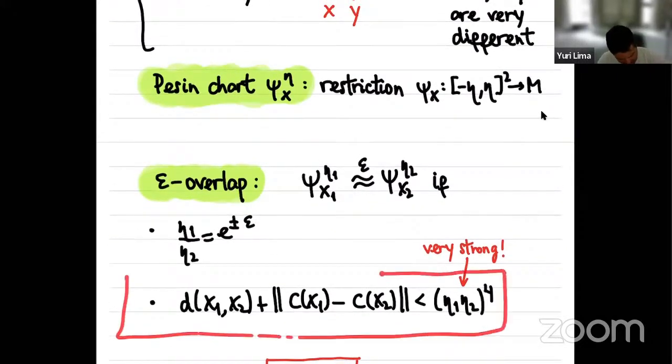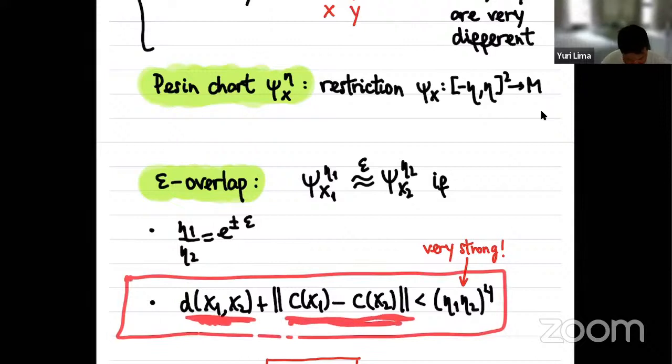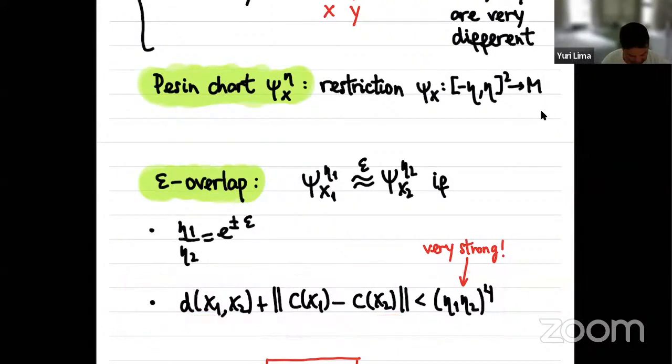Observe, to have the epsilon overlap, we require that the centers of the charts are close to each other, but we also require that the matrices C of both points are very similar to each other, in the sense that this sum is smaller than this number, which is potentially very, very, very small. So this is a very strong assumption.